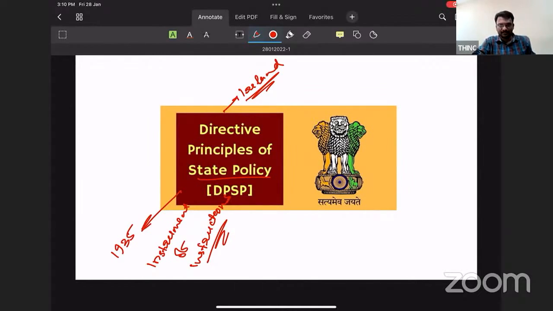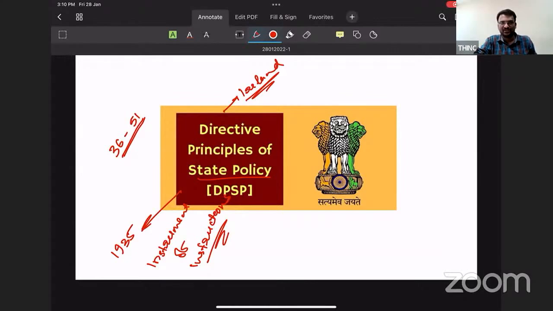So we adopted the Directive Principles of State Policy from the Irish Constitution, and Articles 36 to 51 are dealing with the directive principles of state policy. This is just instructions for the lawmakers.